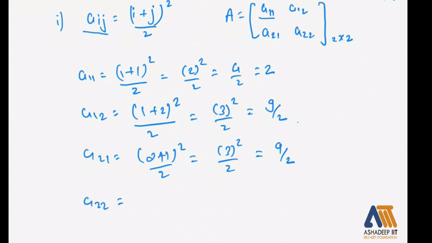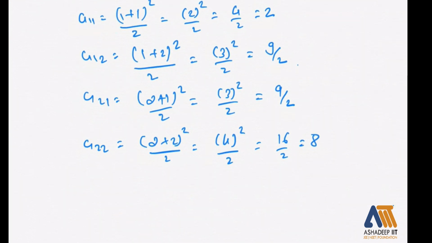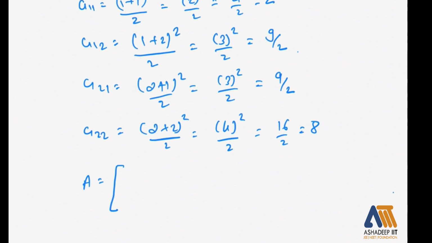And A22 is equal to (2 plus 2) whole square upon 2, 4 square upon 2, so 16 by 2 is equal to 8. So in this case matrix A is equal to first element 2, then 9 by 2, 9 by 2 and 8.